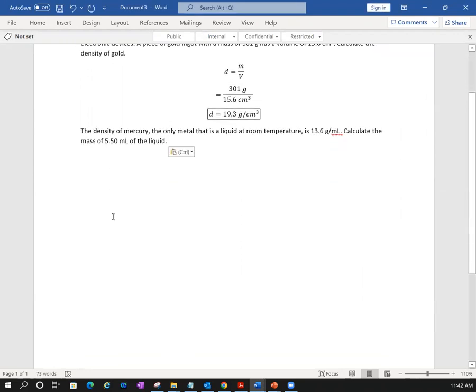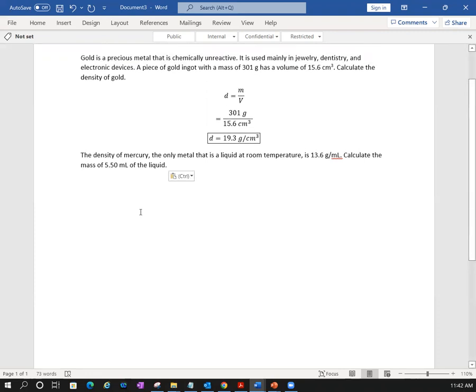Then, isa pang example para ma-practice pa tayo. So, another example. The density of mercury, the only metal that is a liquid at room temperature, is 13.6 gram per ml. So, calculate the mass of 5.50 ml of the liquid. Okay? So, dito naman, since ang hinahanap natin mass, i-rearrange lang natin yung formula natin for density in such a way na ang hahanapin natin ay yung mass.